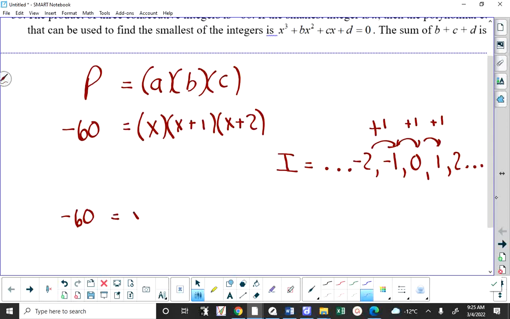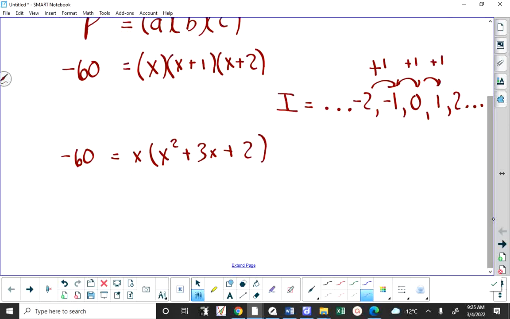One of them is expand out the right-hand side, and I think it's more straightforward to multiply out the x plus 1 and the x plus 2 first, and then worry about multiplying it all by x. So all I've done there is I've foiled x plus 1 times x plus 2. And now I have negative 60 equals x cubed plus 3x squared plus 2x.